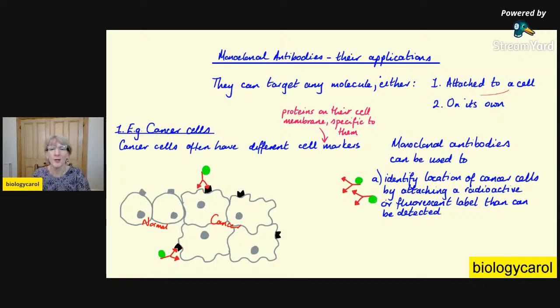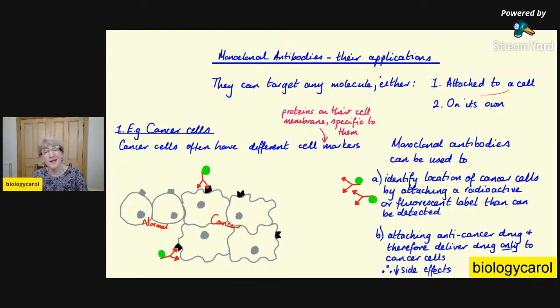Okay, back to monoclonal antibodies. The other way monoclonal antibodies can be used is by attaching an anti-cancer drug to those antibodies. And that, of course, is going to deliver that anti-cancer drug specifically to cancer cells. And if that happens, it means that the drug doesn't have its effect on normal cells, and therefore side effects are hugely reduced.